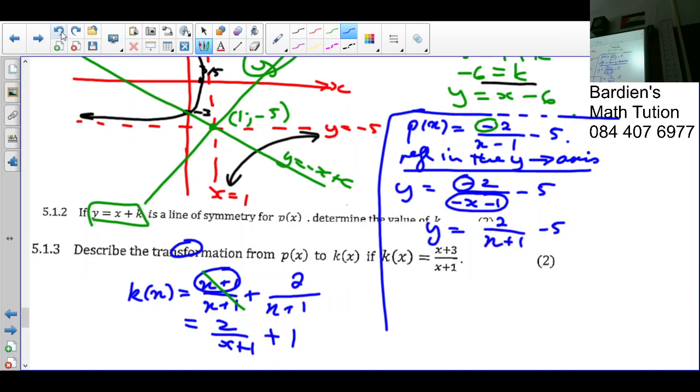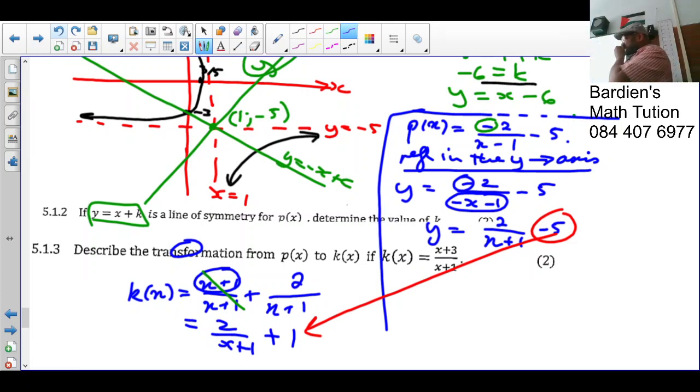The only thing that's bothering us now is, how do we get from minus 5 to plus 1? The graph must shift 6 units up.